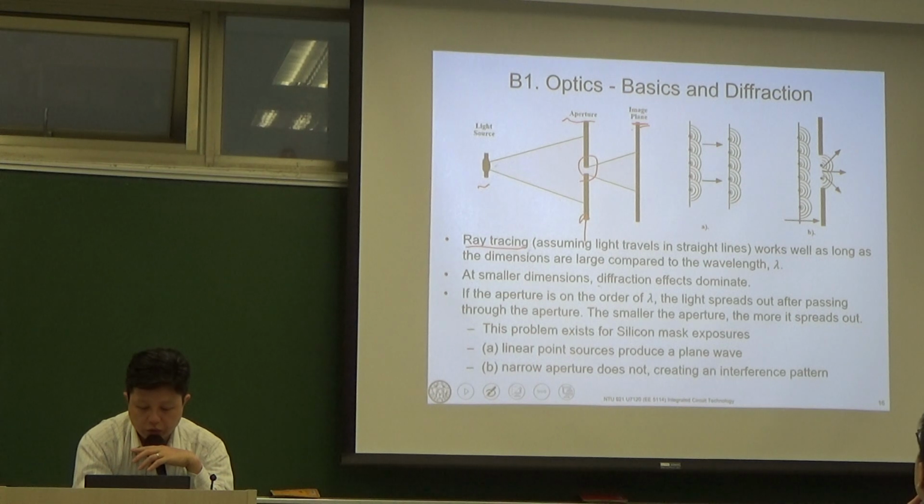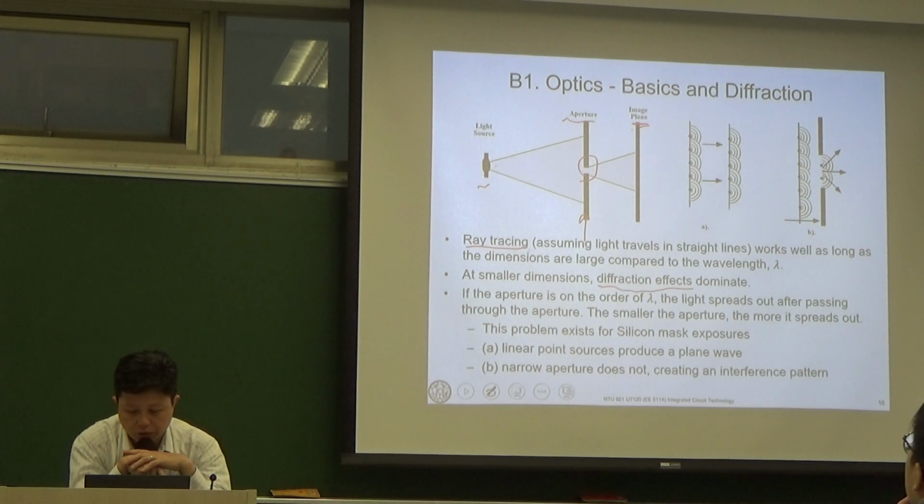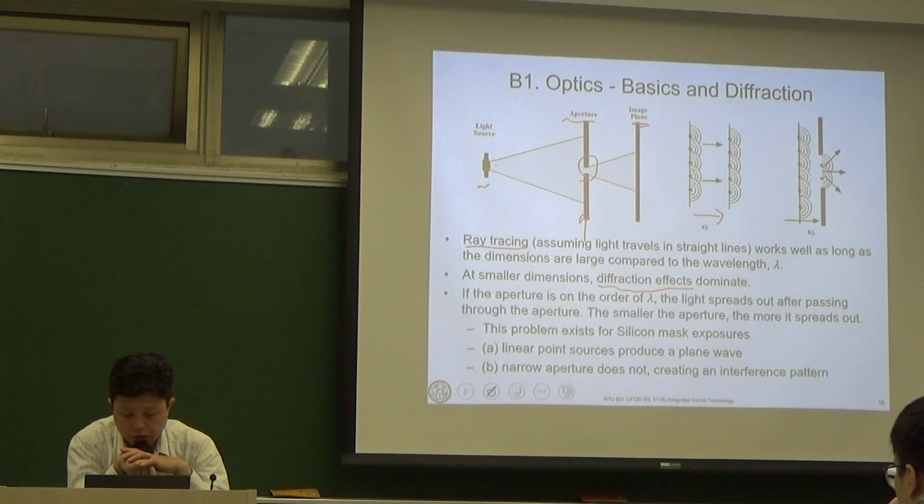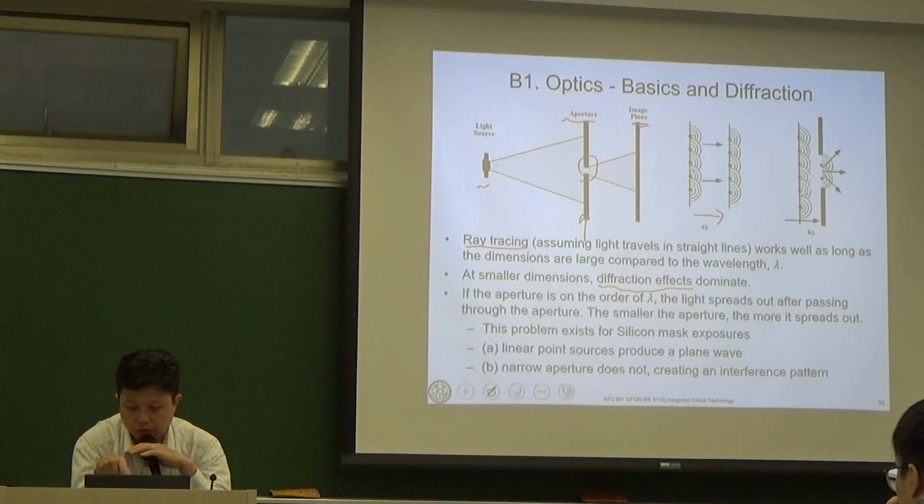So in that case, diffraction effects begin to kick in here. So we will consider a point light source. When the light propagates in space, we can consider those point sources, and if they travel in space without any obstacles, all these wavefronts will construct or deconstruct, and finally they still form a plane wave.